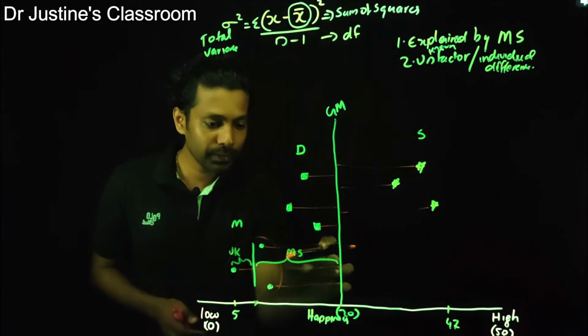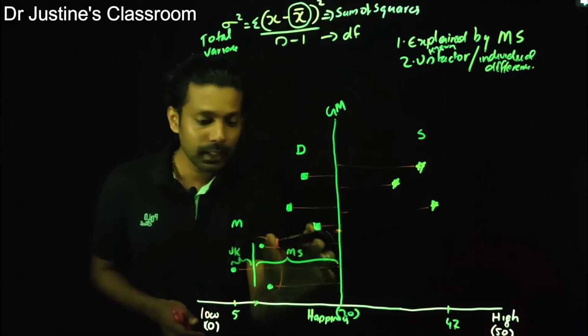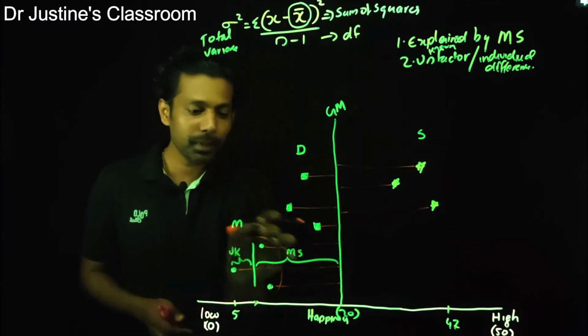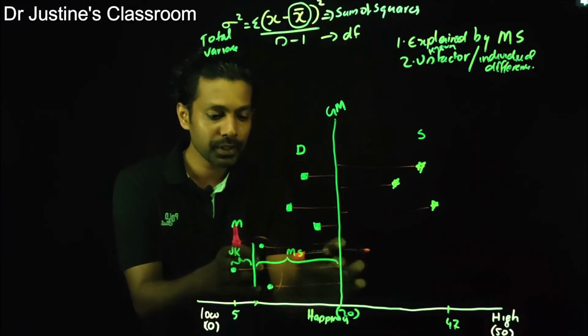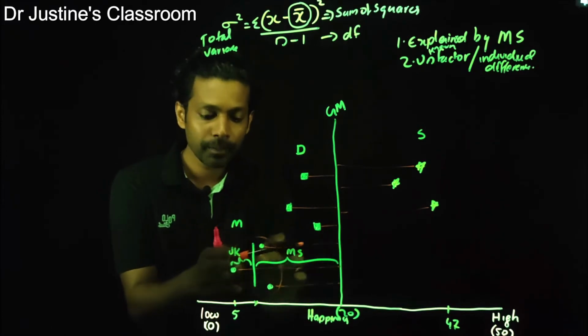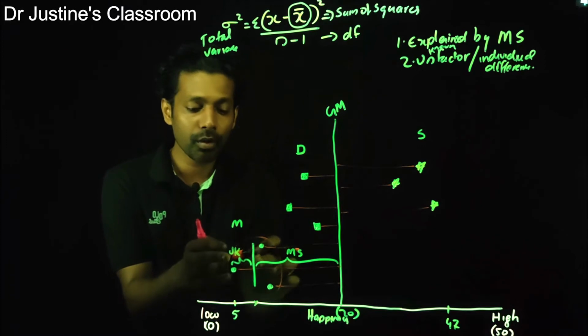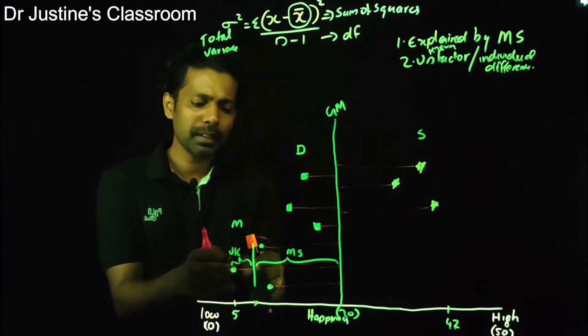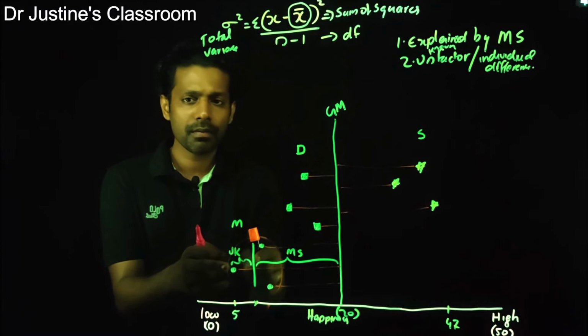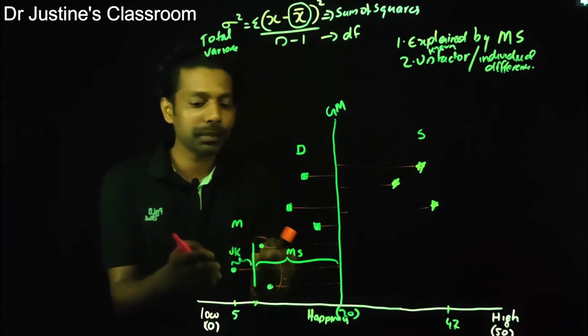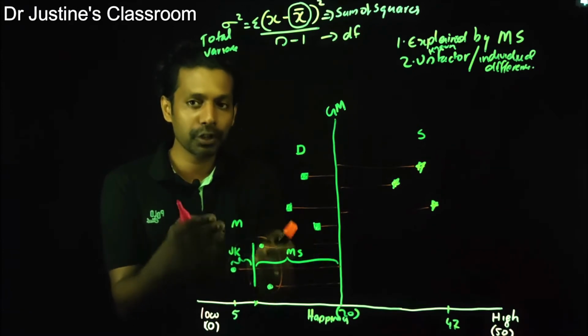Being a married person, this much variance is a reason for that, and this much is not known. Maybe the family has a lot of issues, or they have some financial issues, something like that, but I'm not aware of individual differences.